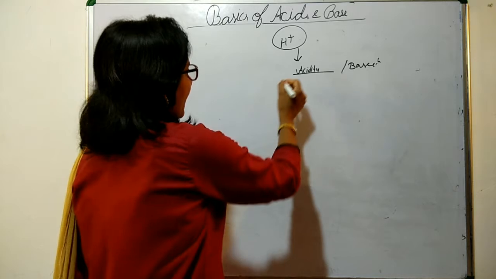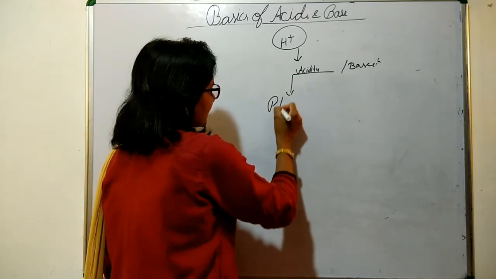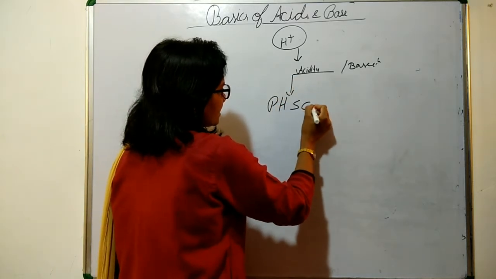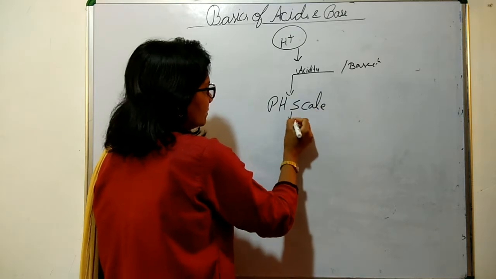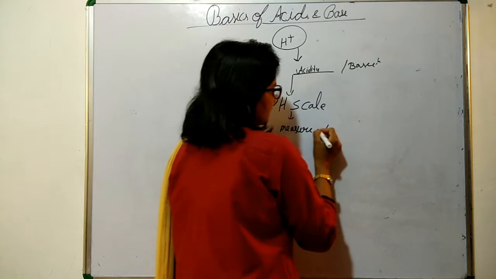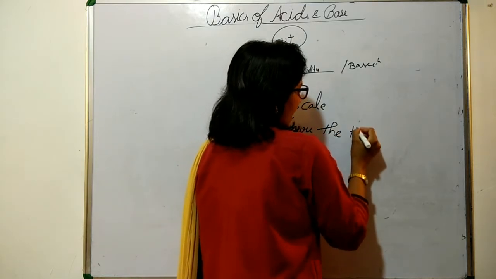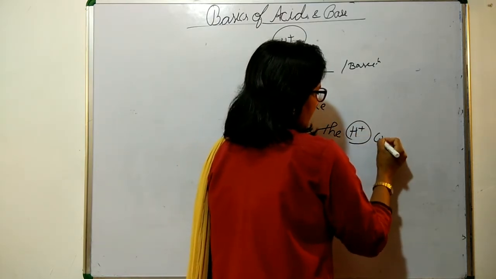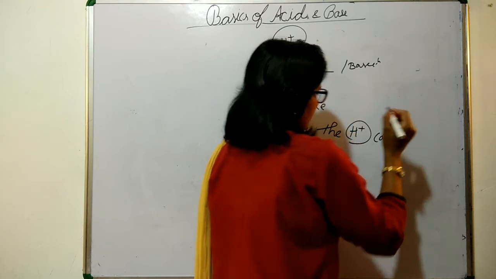For this we use a scale known as the pH scale. It measures the hydrogen ion concentration in the solution.